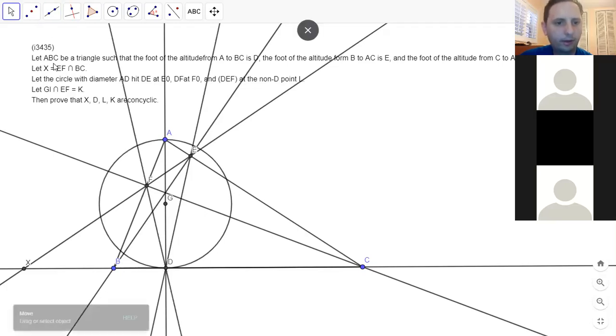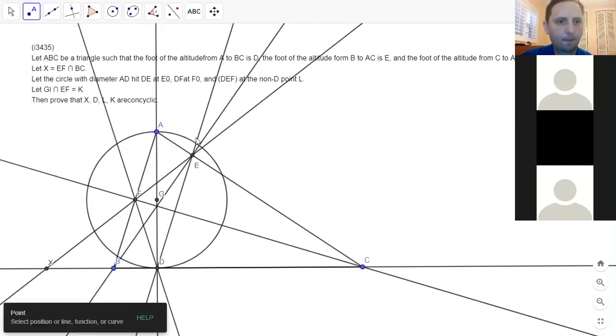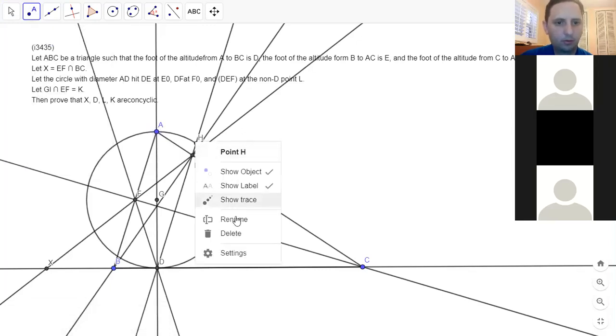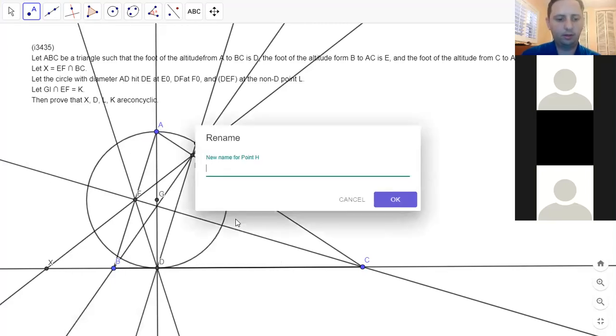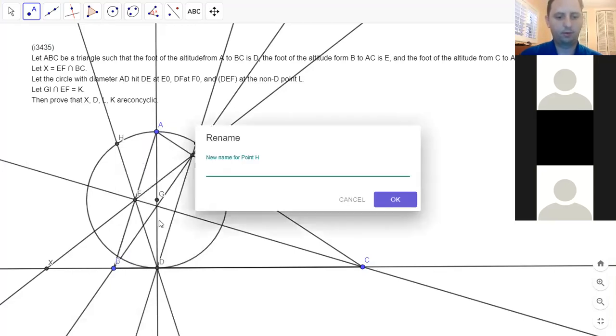Basically E naught and F naught are, by Blanchet's theorem, symmetric. So we'll call this E naught. I don't really like that notation, but it's okay. So they're reflections across AB.